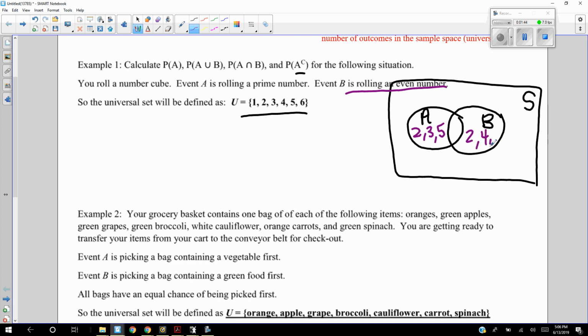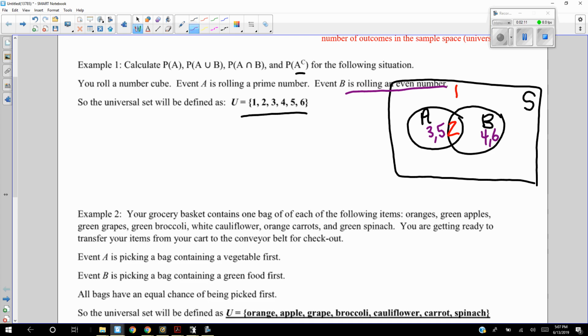Well, notice there's a little bit of overlap, so I'm going to erase 2 and put it in the intersection spot. And then what's left over here? 1 has not been used, and that's it. All right, so now we can answer the questions.